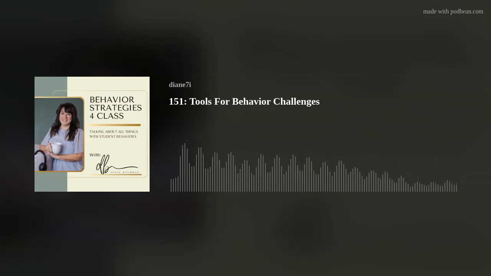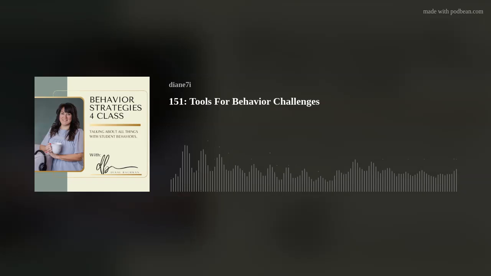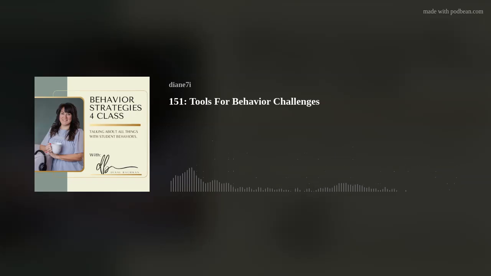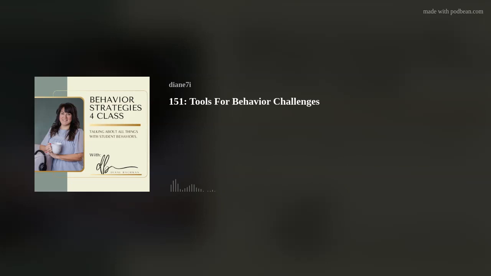Being able to work with them on that and figure out what is the goal that we want to work on. And that could be just a weekly goal. And seeing how they do that week on that goal. And if they are able to hang out with that one, then you could add a different one on top of that one. Or once they get that one goal down pat and you feel comfortable and they feel comfortable, then move on to maybe 2 new goals.